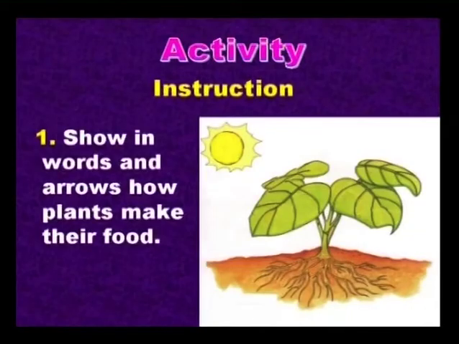Your activity number 1. Draw this simple plant, or draw your own simple plant, and your instruction is given, showing with words and arrows how that plant makes their food.